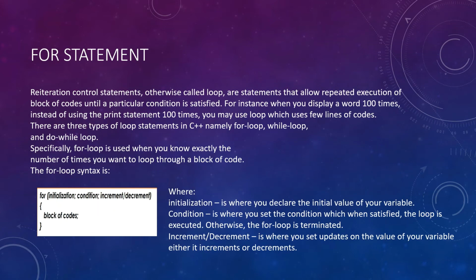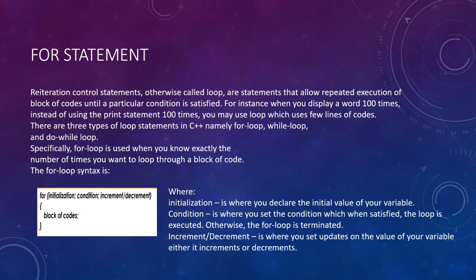For statement. Reiteration control statements, otherwise called loops, are statements that allow repeated execution of blocks of code until a particular condition is satisfied. For instance, when you display a word 100 times, instead of using the print statement 100 times, you may use a loop which uses few lines of code.